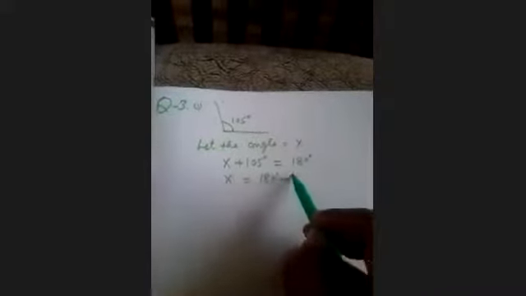So let the angle be x. x plus 105 degrees is equal to 180 degrees. The value of x is 180 minus 105, which is 75 degrees. So the supplement angle of 105 is 75.